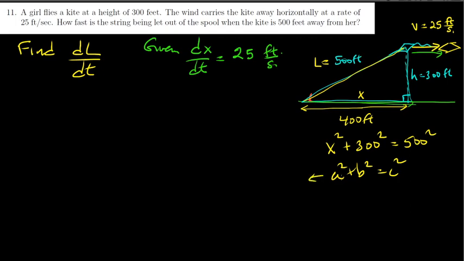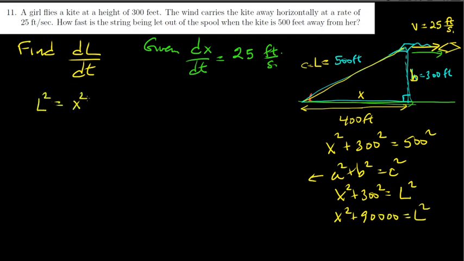Well, if a is x and b is 300, I called it h for height, but now it's b, and c is L, then x squared plus 300 squared is equal to L squared. So the c becomes an L. And 300 squared is 90,000, pretty big number, but that's the relationship. L squared is just x squared plus 90,000.